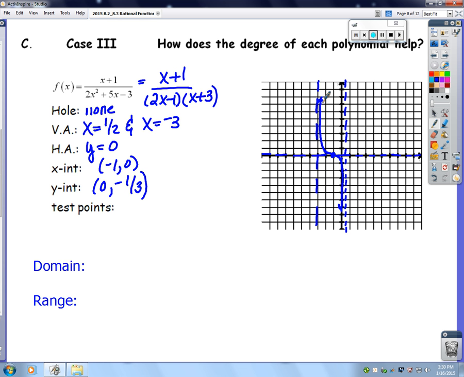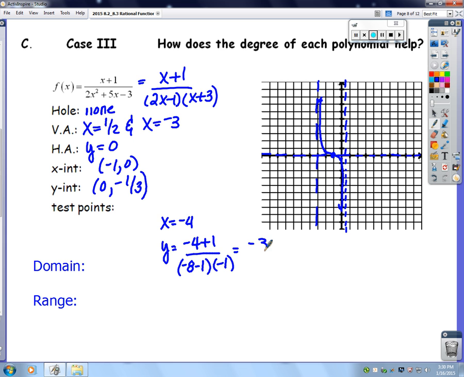All right, let's go. We got to get some end pieces here, something to the left and something to the right. Unfortunately, like I said, we're just going to have to pick points and plug them in. Okay, let's see what we got here. Let's plug in -4. Let x equal -4, and let's find our corresponding y. So -4 plus 1 over 2 times -4, which is -8, minus 1, and -4 plus 3 is -1.